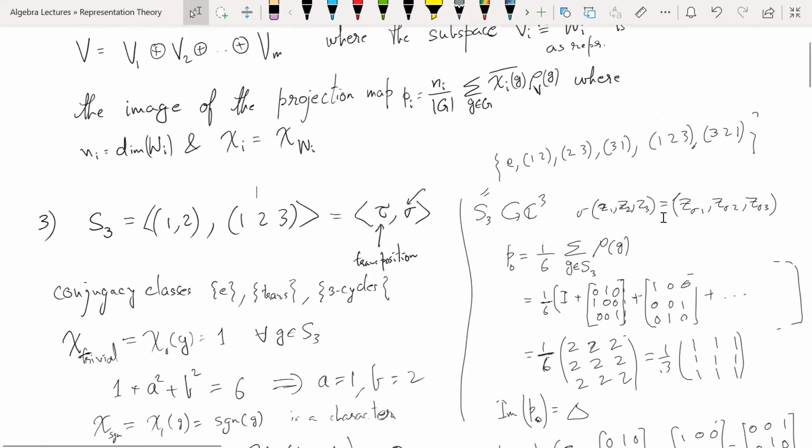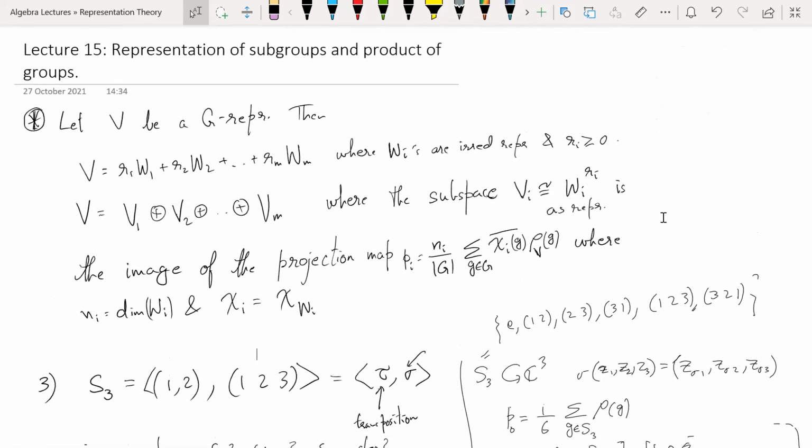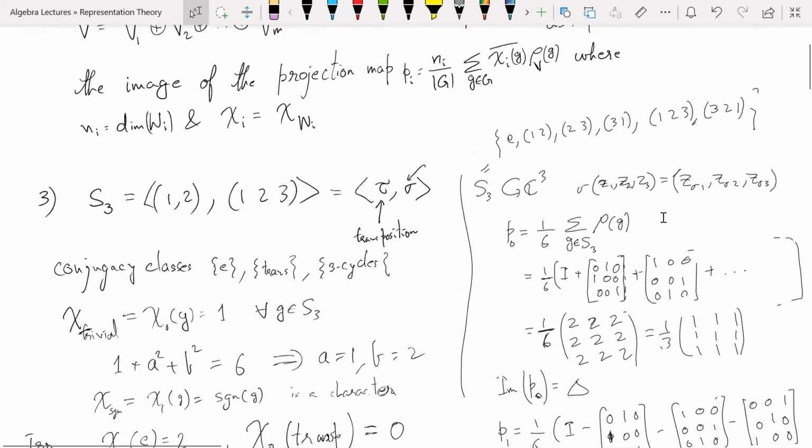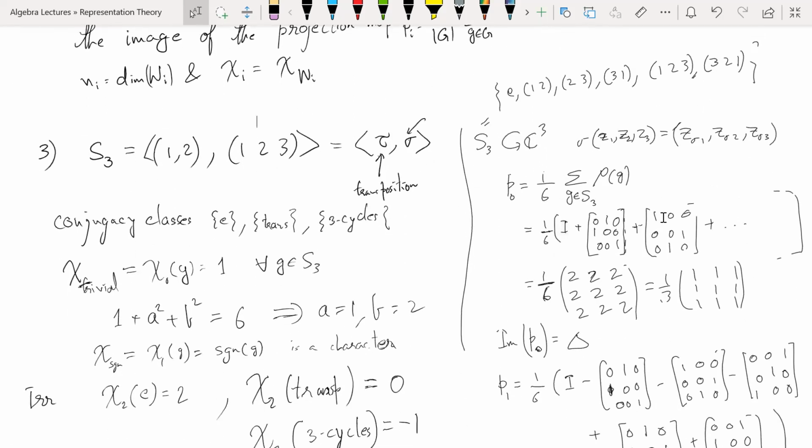Now let's use these formulas to decompose C3 as V0 plus V1 plus V2. Unfortunately, I used chi0 as the character of the trivial one, chi1 is the sign character, and chi2 is the second.